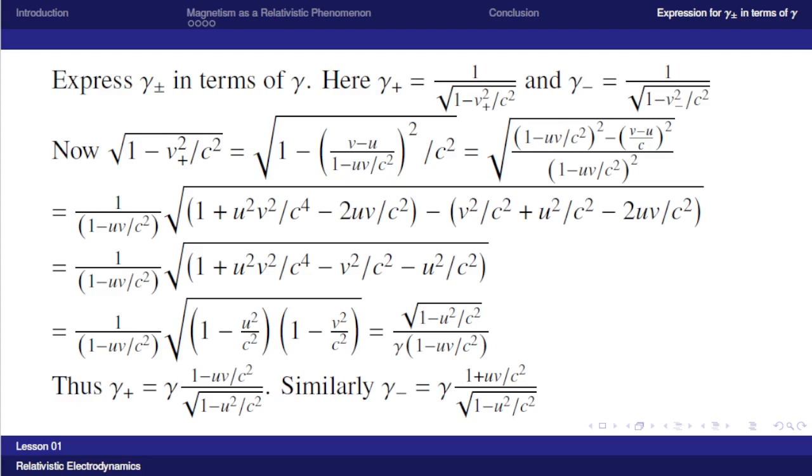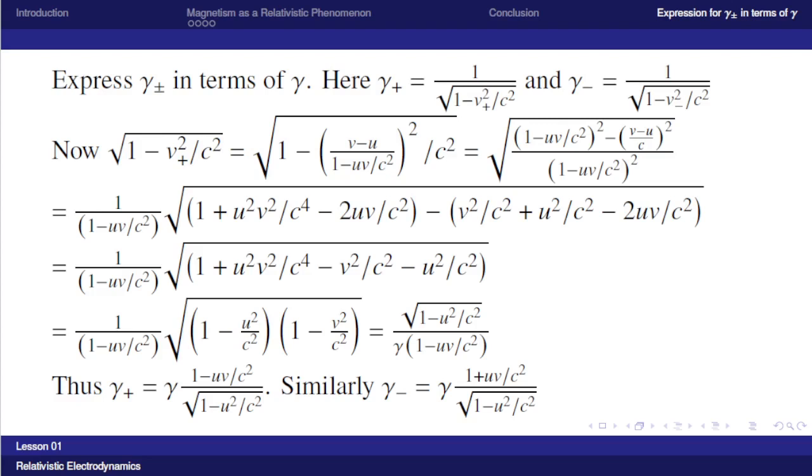Take the denominator outside, it comes outside the root. It is 1 by root of, 1 minus UV by C square. Now expand this, a minus b whole square, you will get a square plus b square minus 2ab, and this also a minus b whole square, a square plus b square minus 2ab. So minus 2UV by C square and minus 2UV by C square get cancelled. Remaining will be this one.